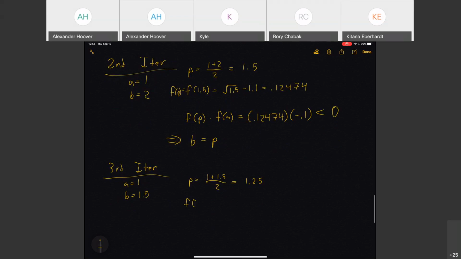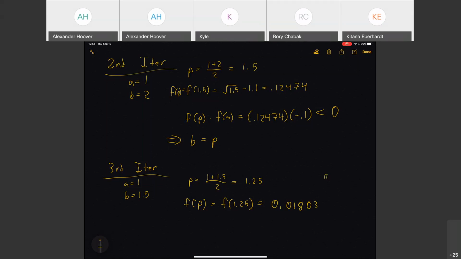And plugging that in, let me just plug it into my calculator in front of me. Another way to say my computer. So we get 0.01803.